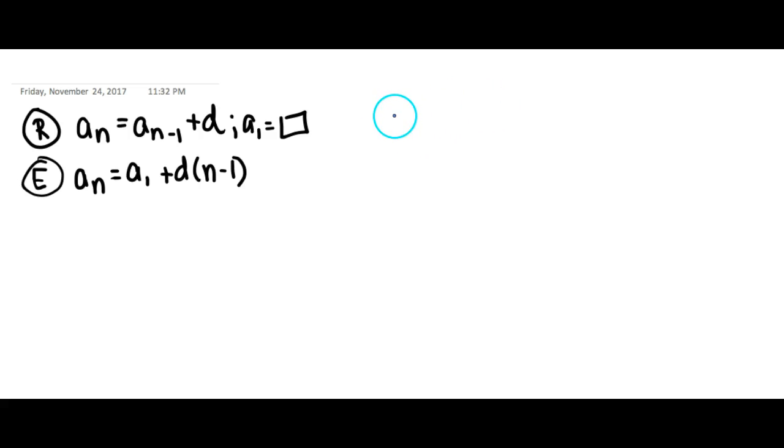So, if we have our recursive formula, and we know that we have a difference of 5, and our first term is 10, okay? To write this in explicit, I'm just going to pull the information from that and put it into the explicit.